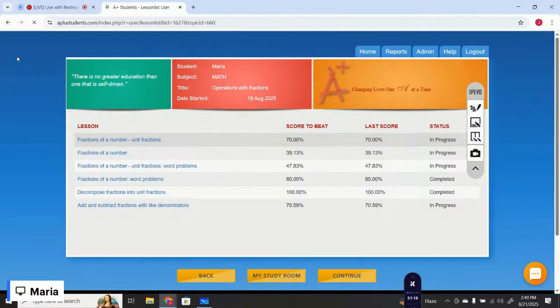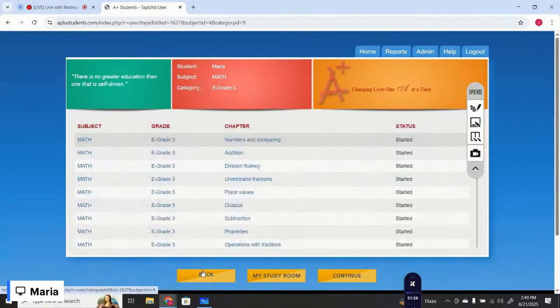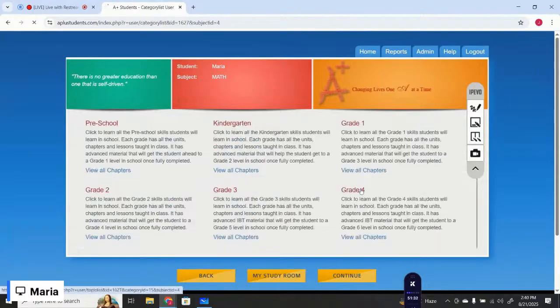The lessons we have covered today are fractions of a number word problem, decompose fractions into unit fractions, add and subtract fractions with like denominators. So please make sure before the next session, the lessons we just did, that is your homework until next session.